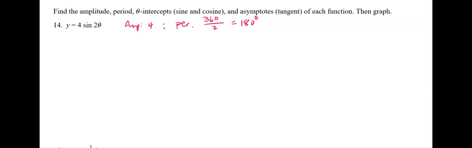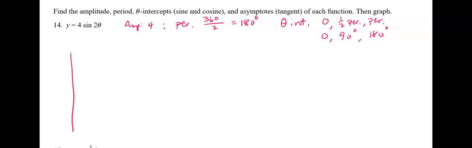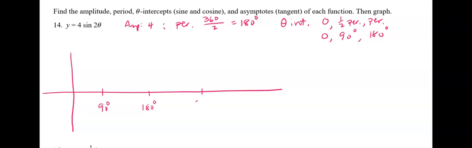So the period is going to be 180 degrees, and the theta intercepts for sine are always at 0, 1/2 of the period, and then the period. So I'll just write it up there in general. So for this problem, it's going to be 0, 90, and 180. So it just kind of gives us a little preview of some important information. You can always put down these main quadrantal angles on your theta axis.